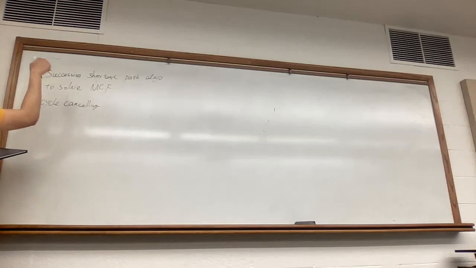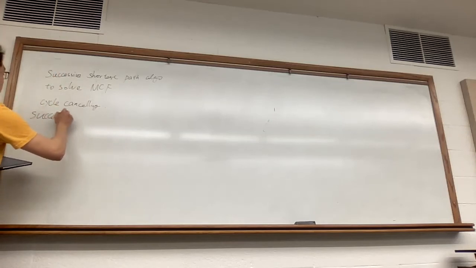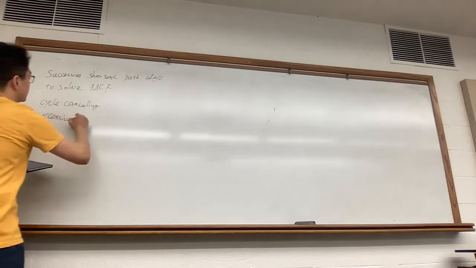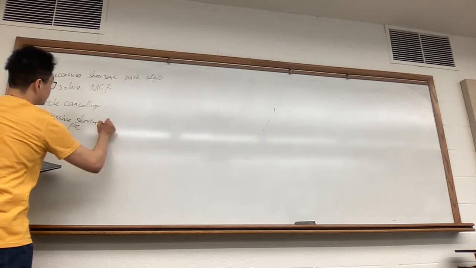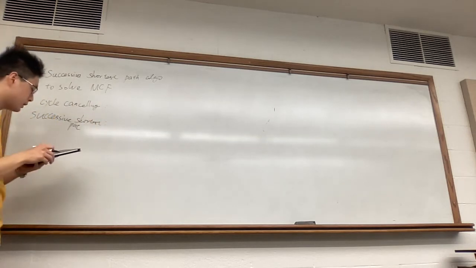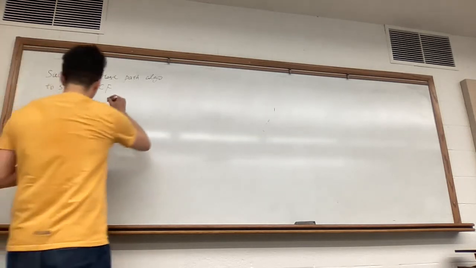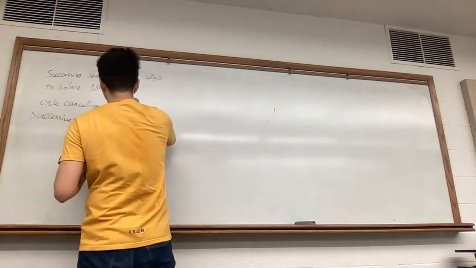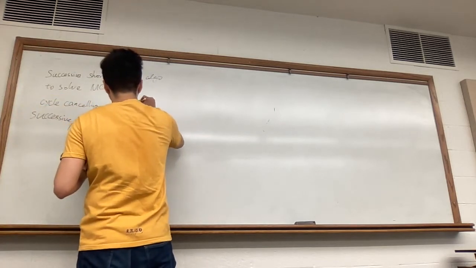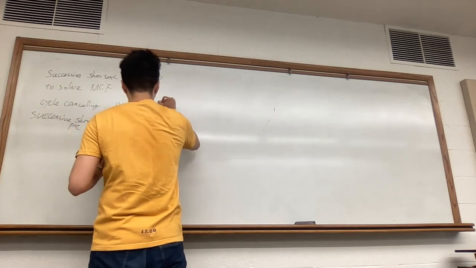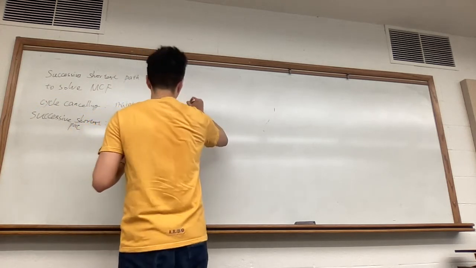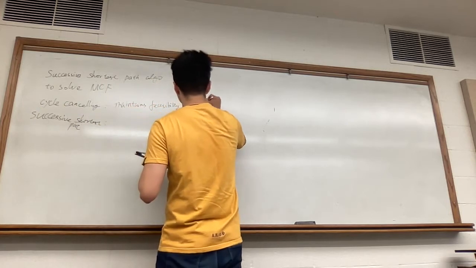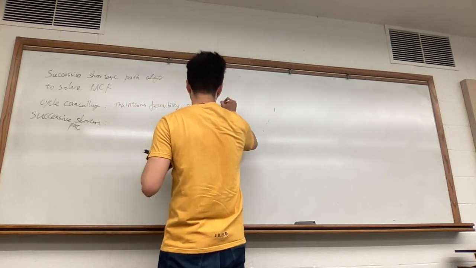That's to say, I want to compare the difference between successive shortest path and cycle canceling. So let's see the difference. For the cycle canceling algorithm, you know that in every iteration it maintains feasibility, and it searches for optimality.